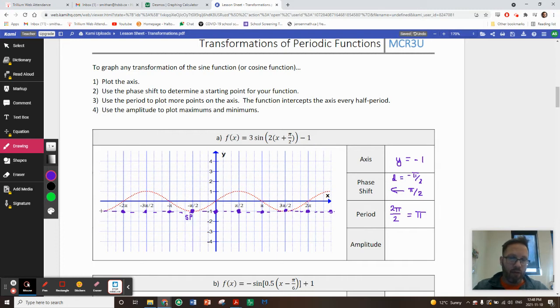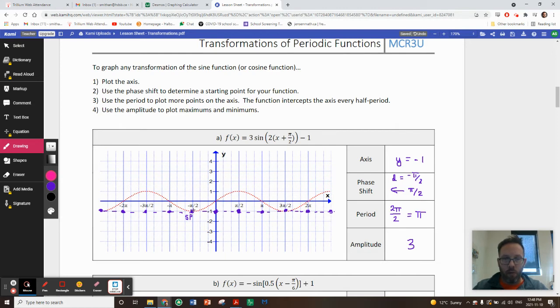And now we're ready to use the amplitude to finish our graph. What is the amplitude here? We can simply read it off. It's equal to 3. So for our amplitude, we're going to go 3 units above the axis and then 3 units below the axis. I think I might switch to a different color here.